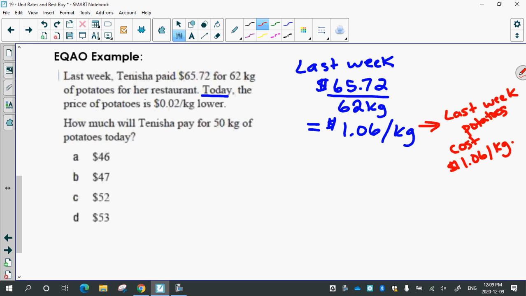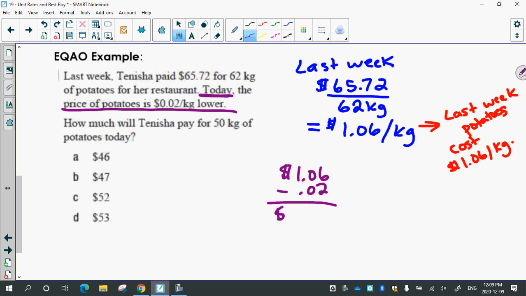So last week, potatoes cost $1.06 per kilogram. Today, the price of potatoes is 2 cents per kilogram lower. So 2 cents per kilogram lower than $1.06 is $1.04.